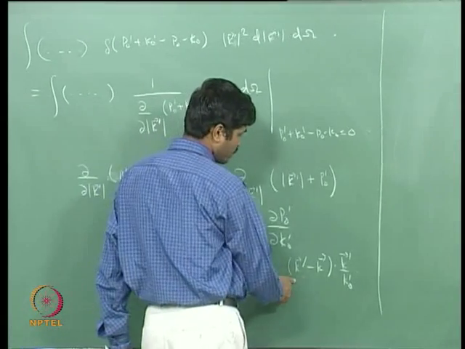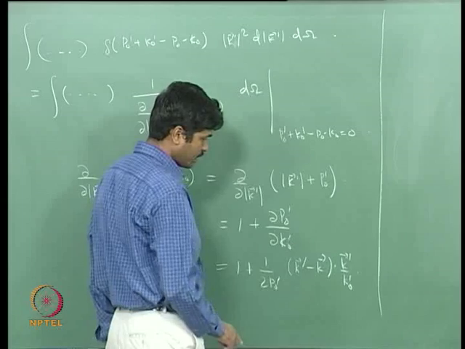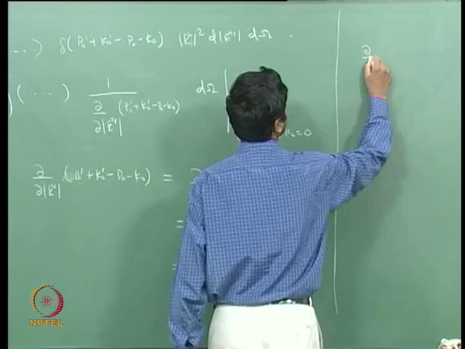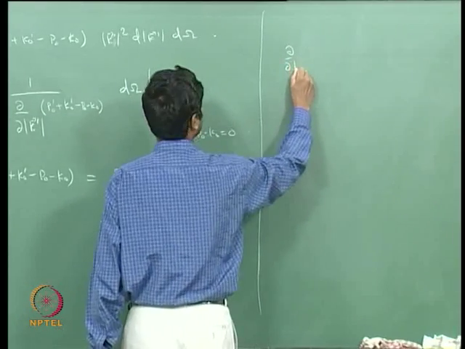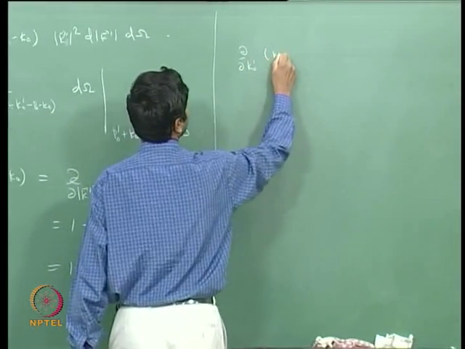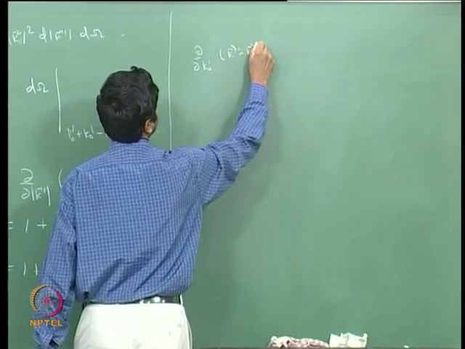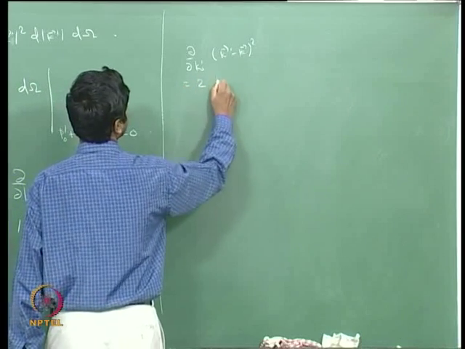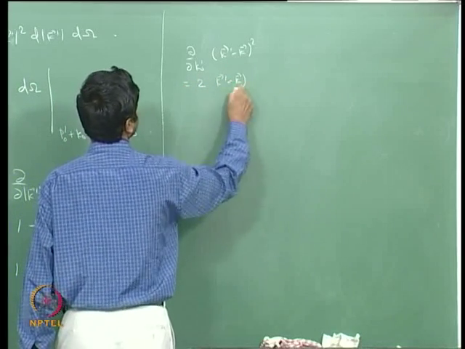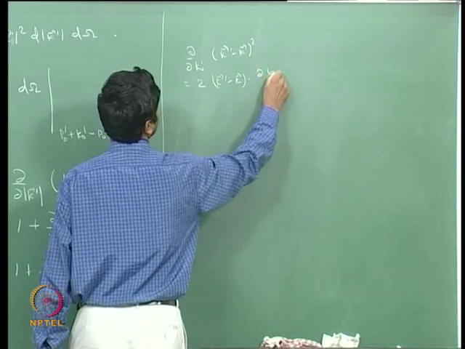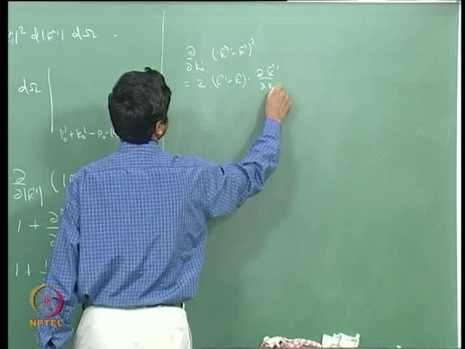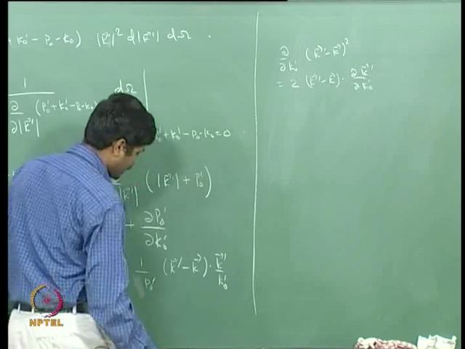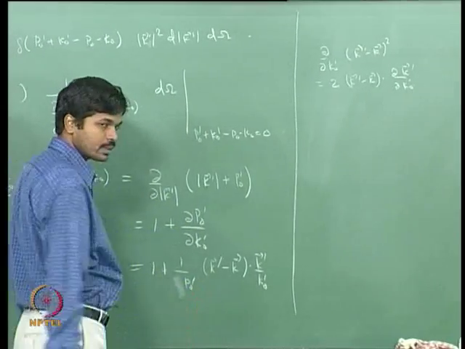When there is a square, when I consider del over del k0 prime of k prime minus k square, there is a factor of 2. This is twice k prime minus k dot del k prime over del k0 prime. So that factor of 2 will cancel this 2 here, therefore I will be left with this.